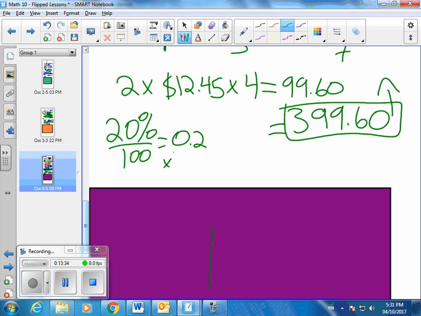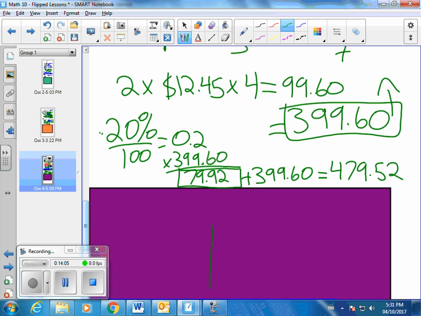I'm going to multiply that by $399.60, and I wind up with $79.92. This is not your final answer for markup. This is how much 20% of your cost is. We also need to add this to our $399.60. We wind up with a total of $479.52. Not impossible. We just have to make sure we follow all our steps.